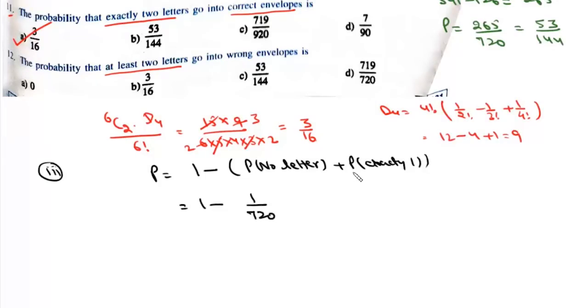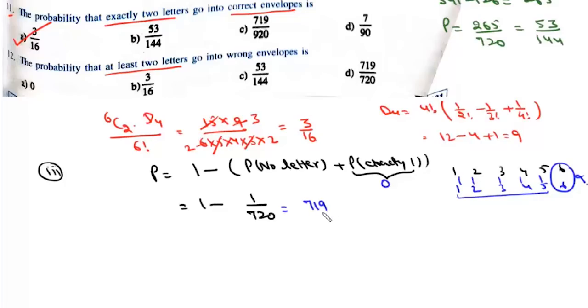Now look at the probability that exactly one of them is in the wrong envelope. We have 1, 2, 3, 4, 5, 6 and here it is 1, 2, 3, 4, 5, 6. If exactly one is in the wrong position, then the other 5 have to be in the correct position. And if 5 of them are in the correct position, then the 6th one cannot be in the wrong position. So this probability is actually 0. So the required probability is 719 upon 720, and that's your option D.